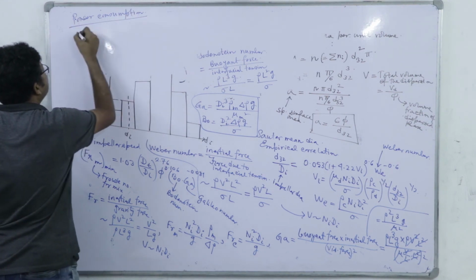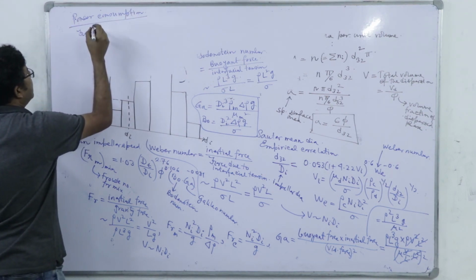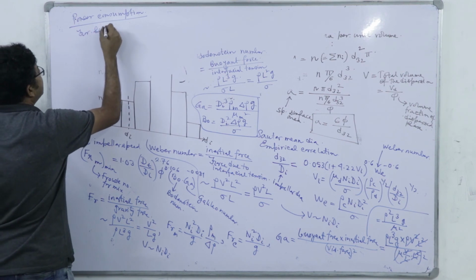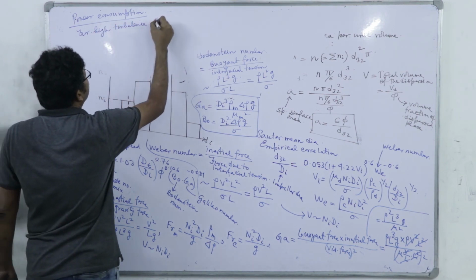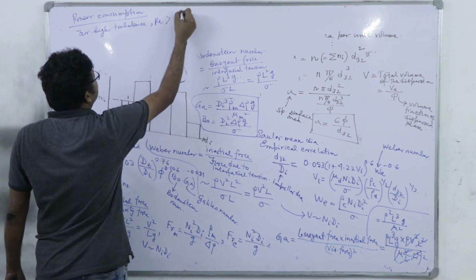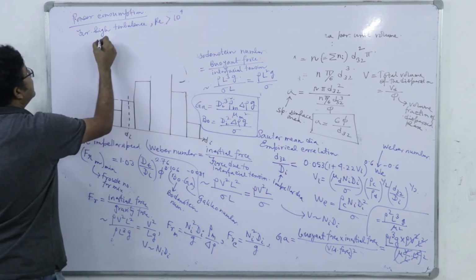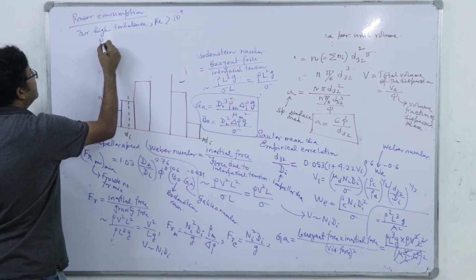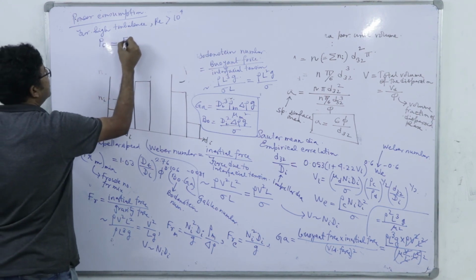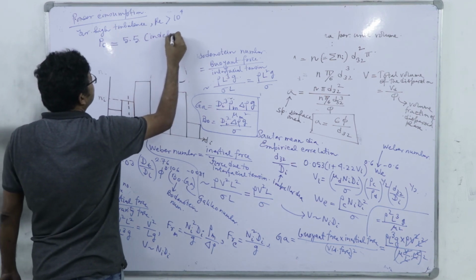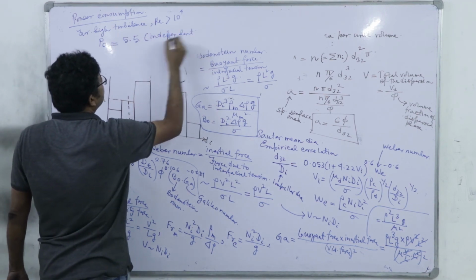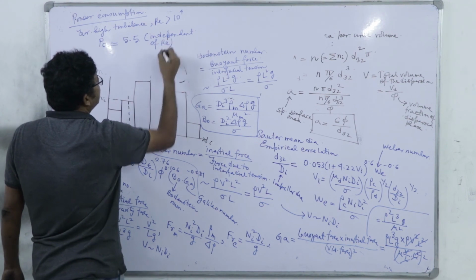We will discuss it in mechanical operation. For high turbulence, where Reynolds number is greater than 10 to the power 4, we have power number Po nearly equal to 5.5, independent of Reynolds number. Right.